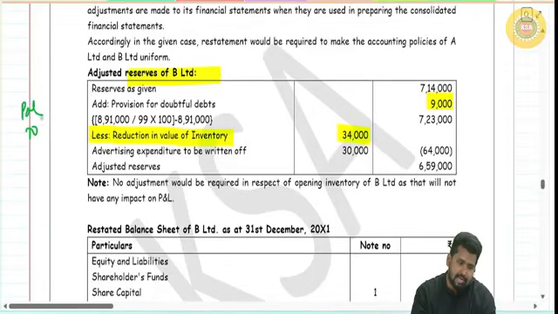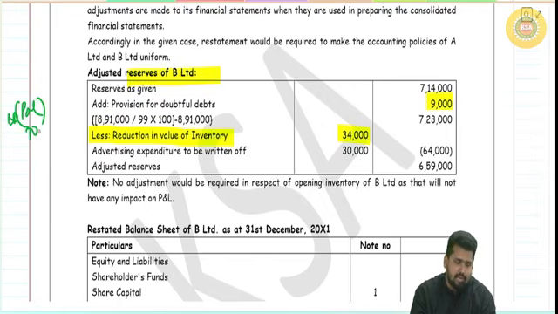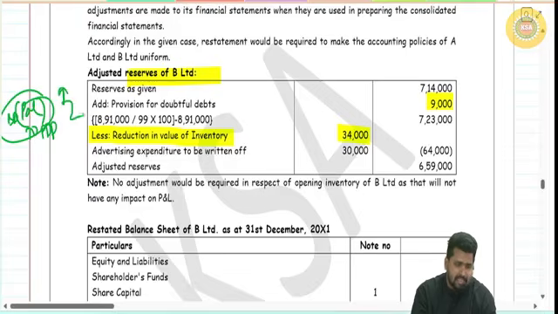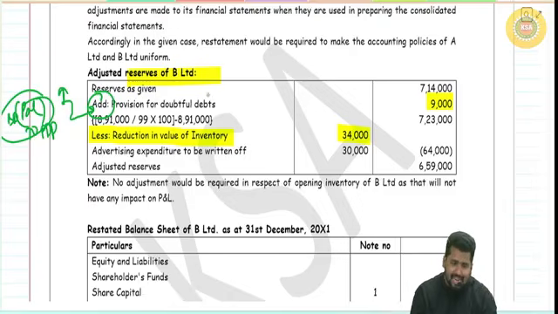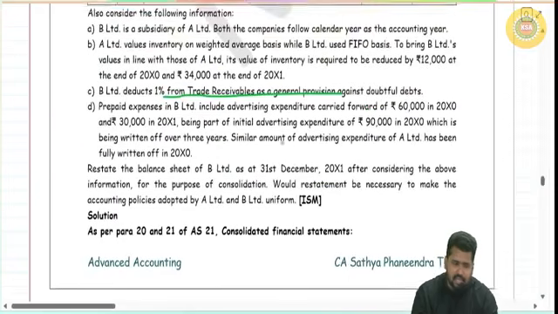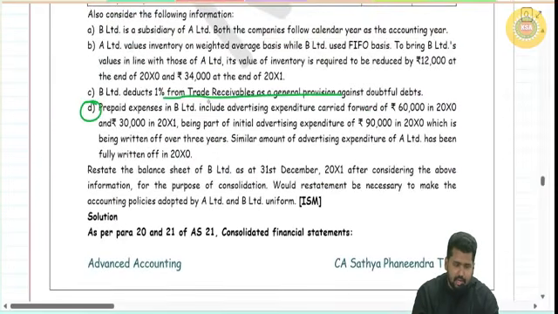P&L account debit to PDD account. So P&L you have debited. Now I want you to reverse it. Increase the P&L. That's why it is added here. So add 9,000: 714 plus 9 is 723. Subtract this 34,000, and the next point I will tell you.